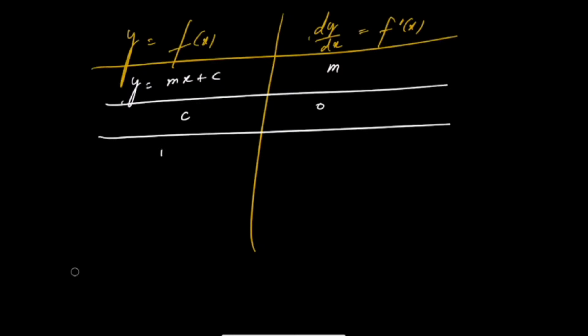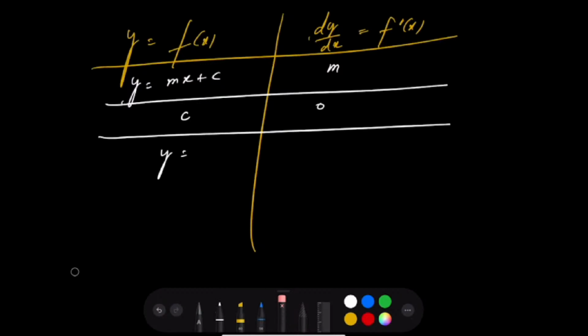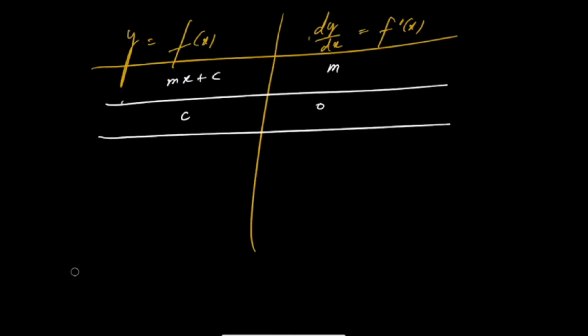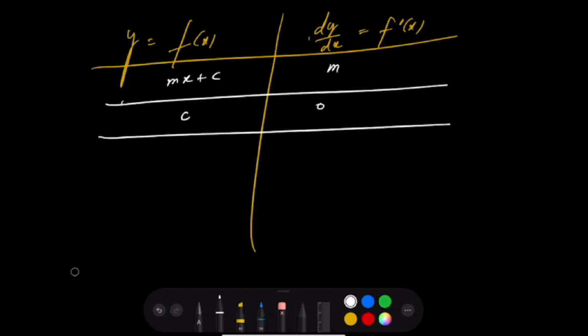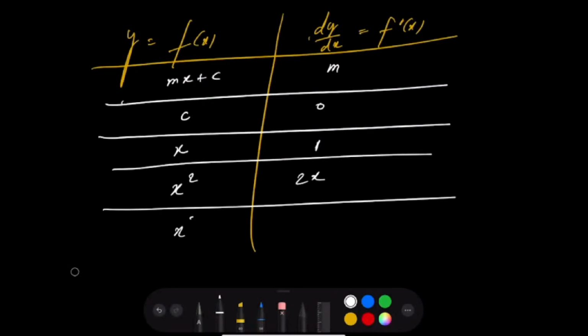If y is equal to x, slope is 1. If y is equal to x square, slope was 2x, or derivative was 2x. If it was x cubed, it was 3x squared. Correct? So let me extend it.